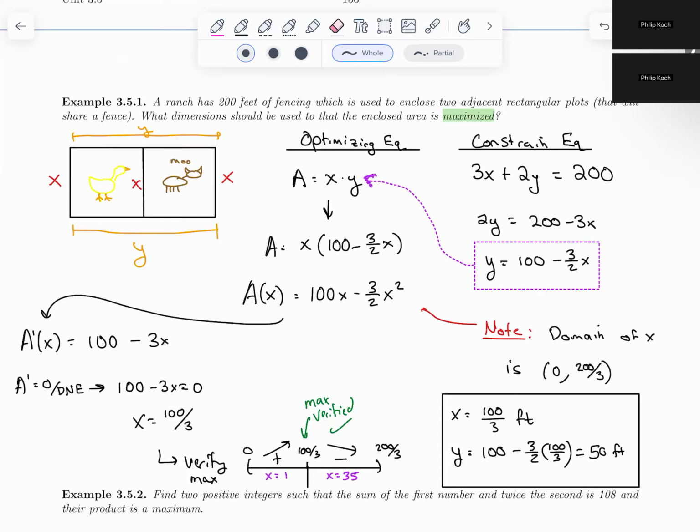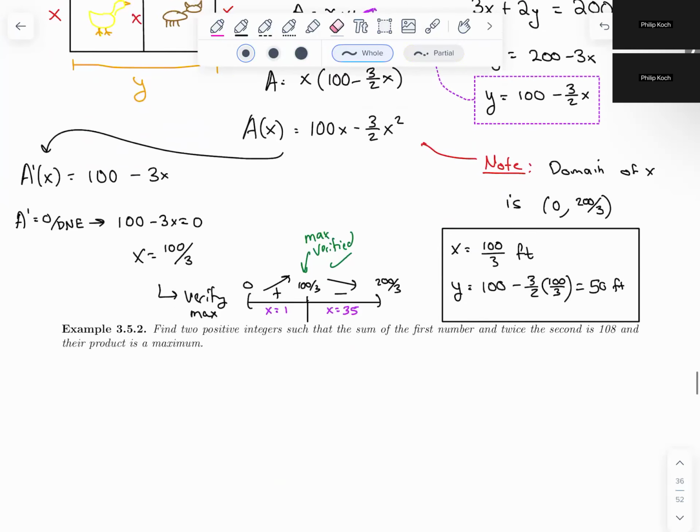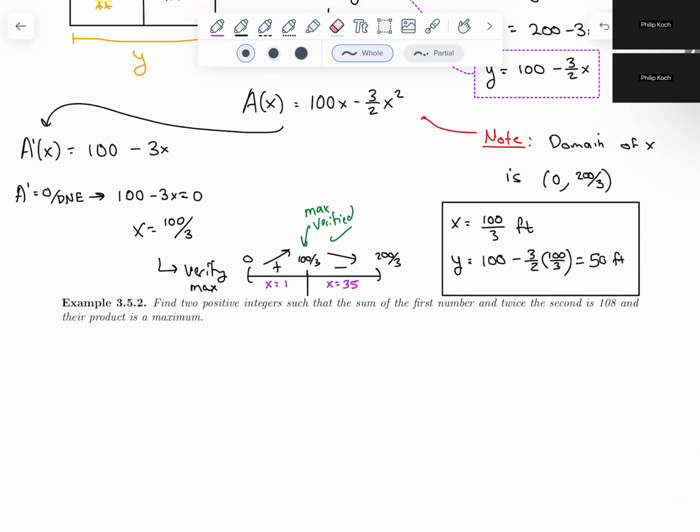All right. Kind of a fun problem though, right? Then this one, if you guys remember, I love these problems because it reminds me of Lindsay Lohan and good old Mean Girls. Find 2 numbers such that the smaller number is twice the second number, and the first number times 2 times the second is a maximum or whatever.